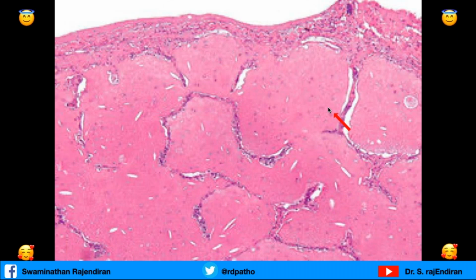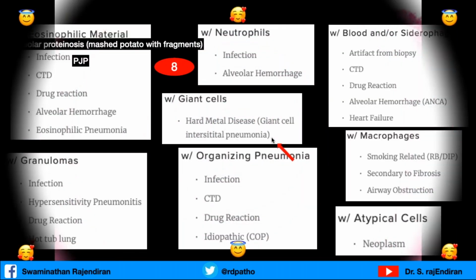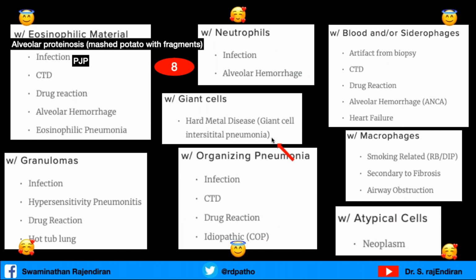Now we are moving to pattern 4, where the alveoli are filled with eosinophilic material. Alveolar filling, pattern 4, it will be pink in color. When you see pattern 4, there are 8 subtypes with eosinophilic material, with granulomas, with organizing pneumonia, with giant cells, with neutrophils, with blood or siderophages, with macrophages, and with atypical cells.